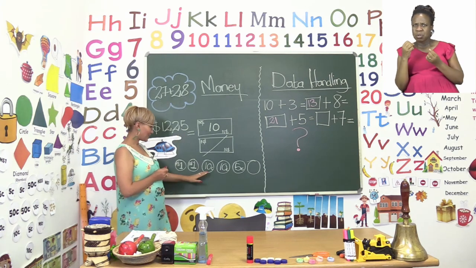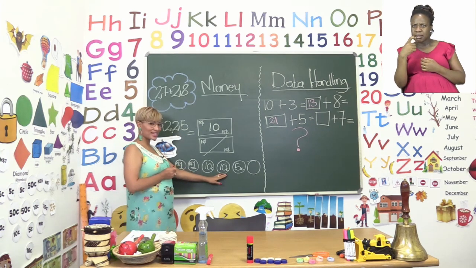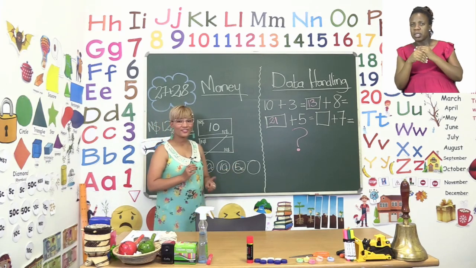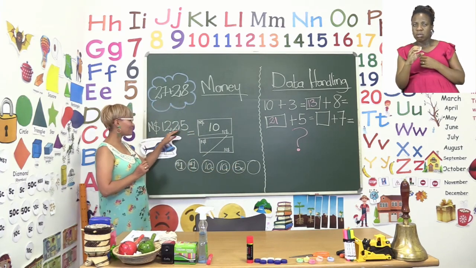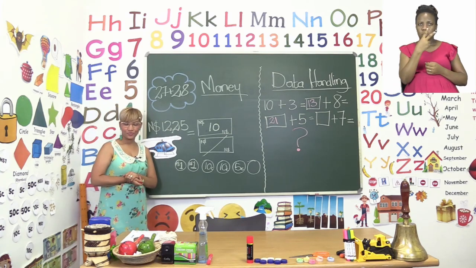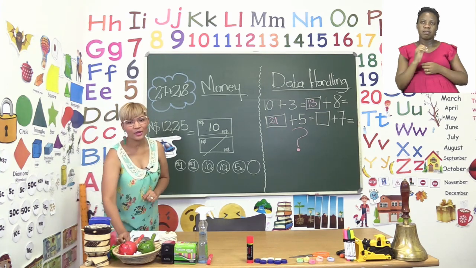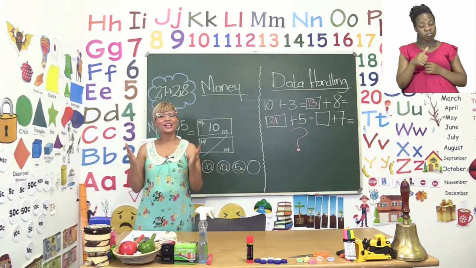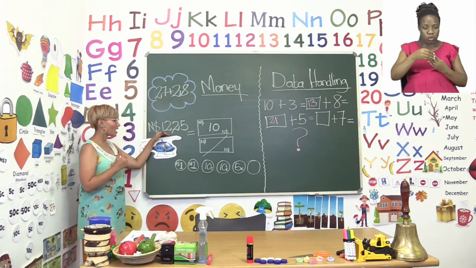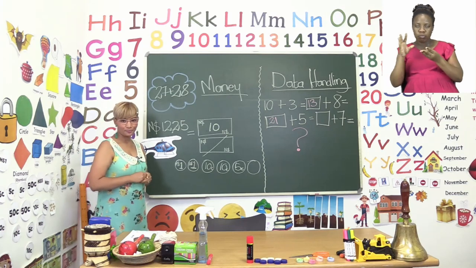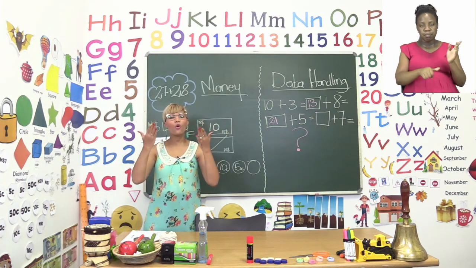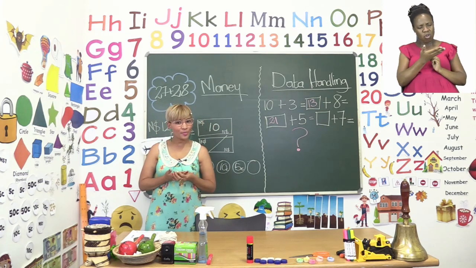Let's count. 10 plus another 10 is 20, and plus 5, that gives us 25 cents. And this is how you have to go about filling in all the notes and coins that will add up to the price of your item. All right, now everyone, you need to do this for all the other items listed there on your page.